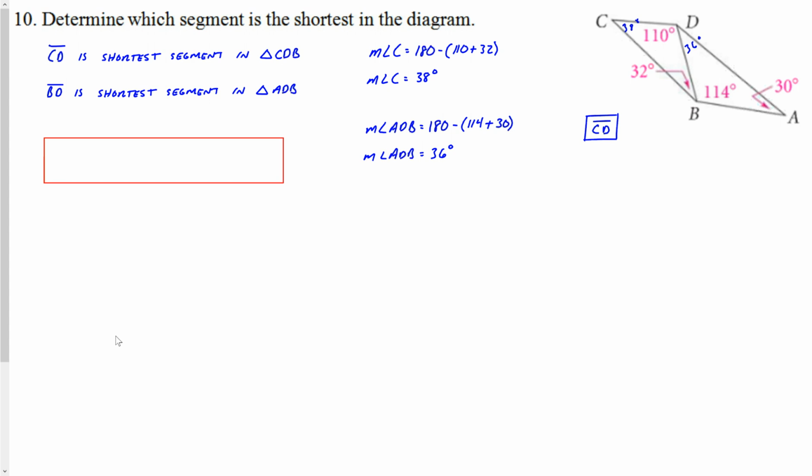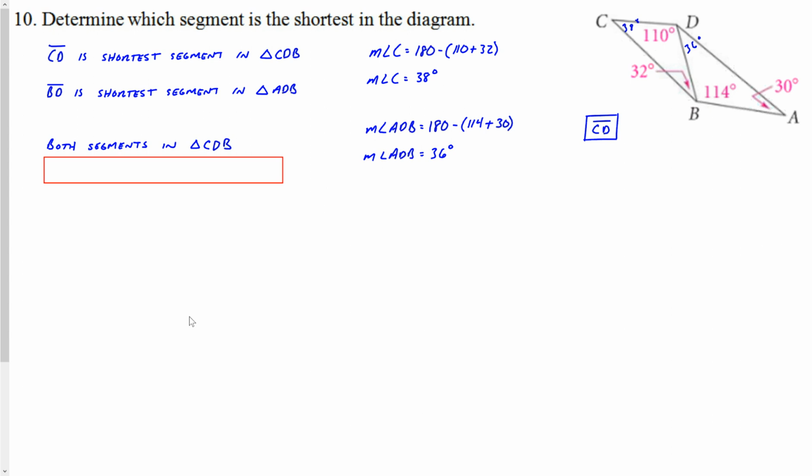Now, looking at those two sides, CD and BD, we have to notice that those are both in triangle CDB. So now we can ignore the triangle on the right and just focus on triangle CDB. We're really just comparing two of those three sides. We've narrowed it down to either CD or BD.